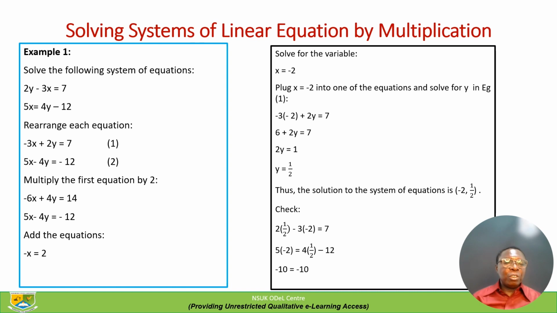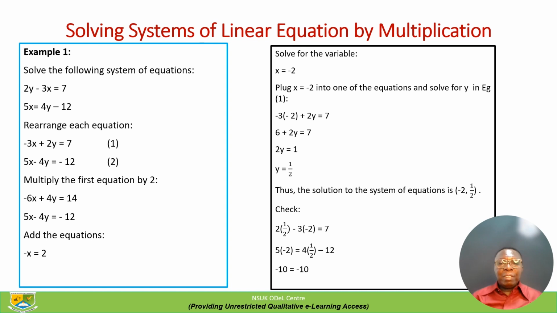Add the equations. You will have minus x is equal to 2. Then solve for the variables. So x equals minus 2. If you plug x equal to minus 2 into one of the equations and solve for y, in example 1, we have minus 3 times minus 2, plus 2y is equal to 7.